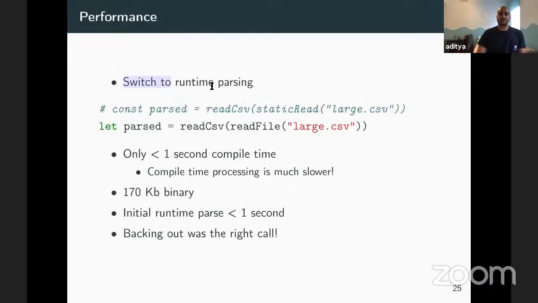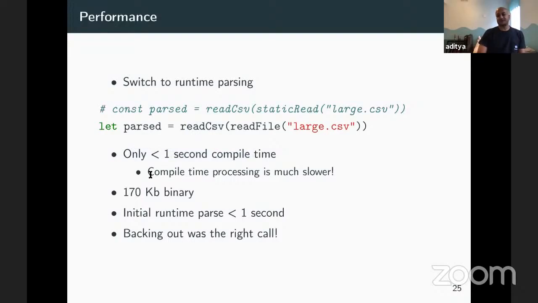So we can switch to runtime parsing. And switching is as simple as taking that const and turning it into a let, and taking that static read and turning it into a read file. So now, just with that little change, readCSV is now run at runtime as opposed to compile time. And compile times for that binary went down to under a second, maybe even half a second.